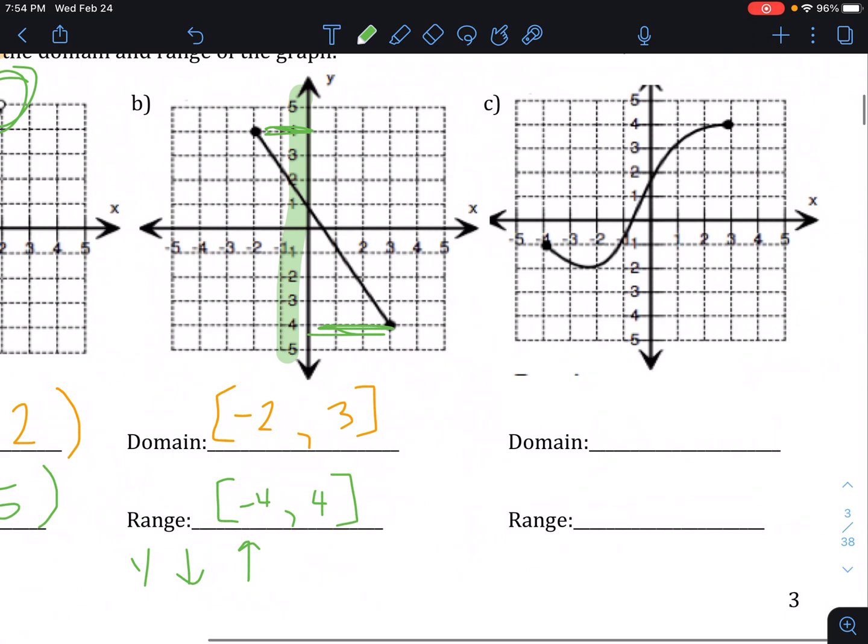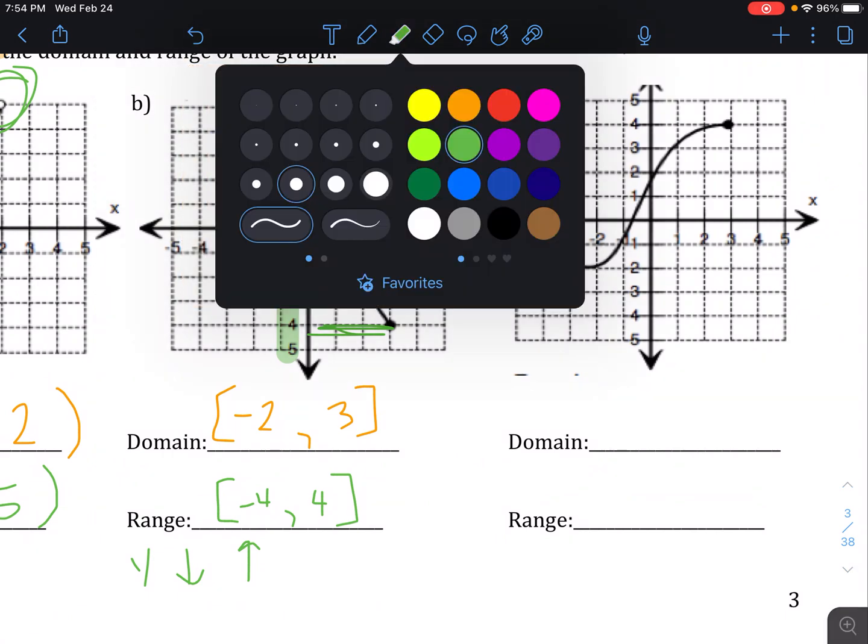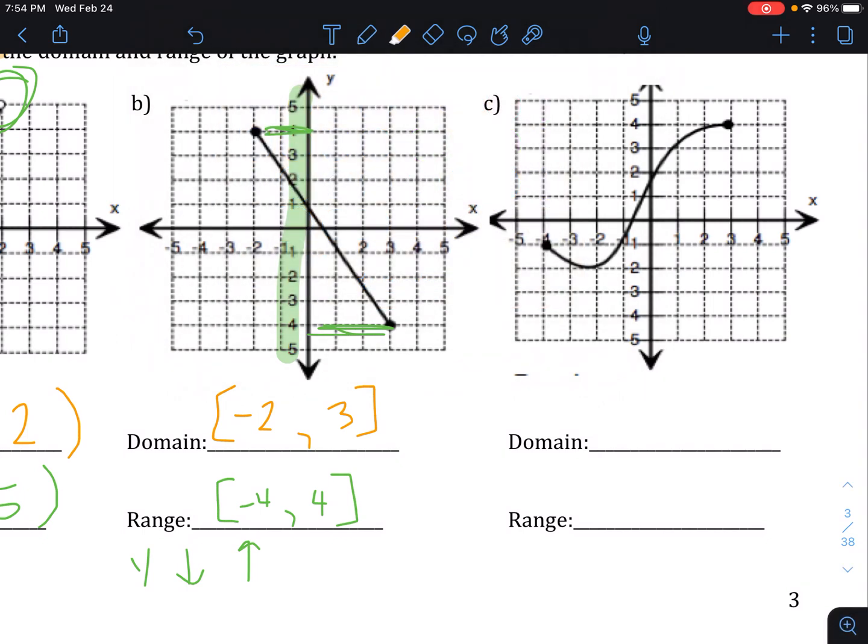Letter C. The domain, again, the x values. We want the leftmost number to the rightmost number. So that would be -4, and then it goes to the right to 3.